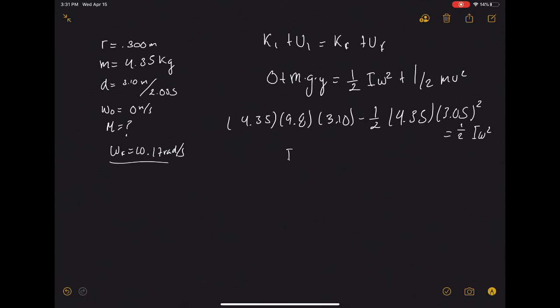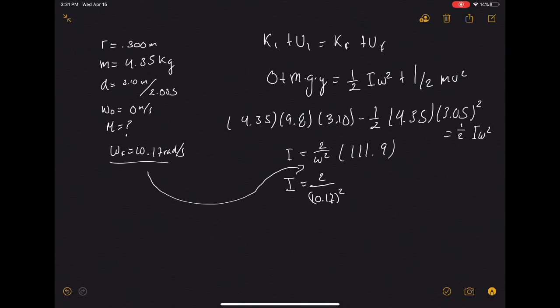So if you solve this, I equals 2 over w squared times 111.9, and now we're going to plug this number in here. 2 over 10.17 squared times 111.9, and solving that, it gives you the inertia. It gives 2.16 kilograms times meters squared.